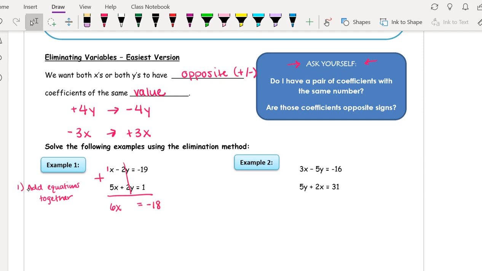Now I'm left with an equation that only has one variable. So I'm going to divide both sides by 6 and get x equals negative 3. Once I have solved for one of the variables, then we're going to go ahead and plug it back in to either of the two equations.